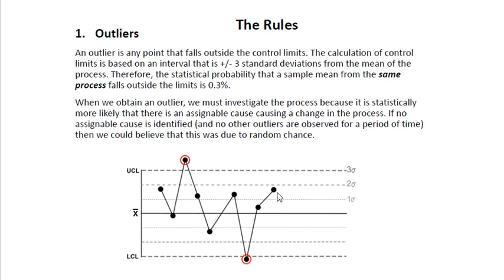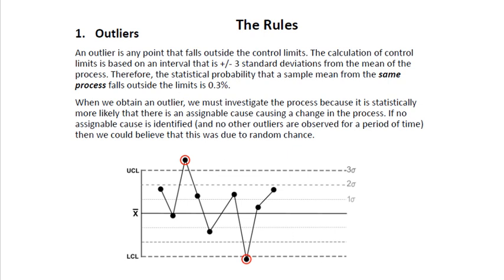This one is about 2 standard deviations away, and this is lower than 1 standard deviation away. So this is how we measure the distance from the mean. You can see the distances are carefully divided, and they're equal distances: 1 sigma, 2 sigma, and 3 sigma.